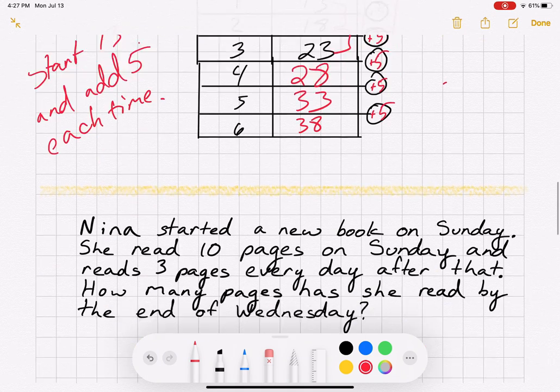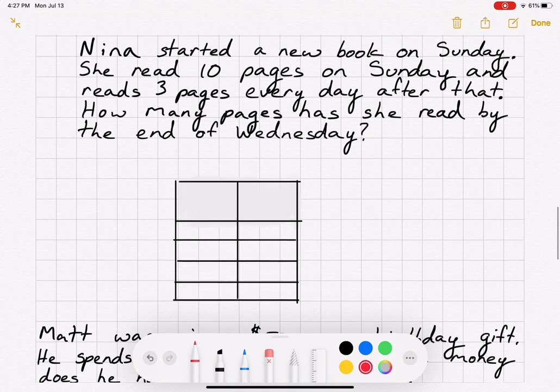All right. Now, working into our more real life problems here. So, first thing I do is I read the question all the way through. Nina started a new book on Sunday. She read 10 pages on Sunday and reads 3 pages every day after that.